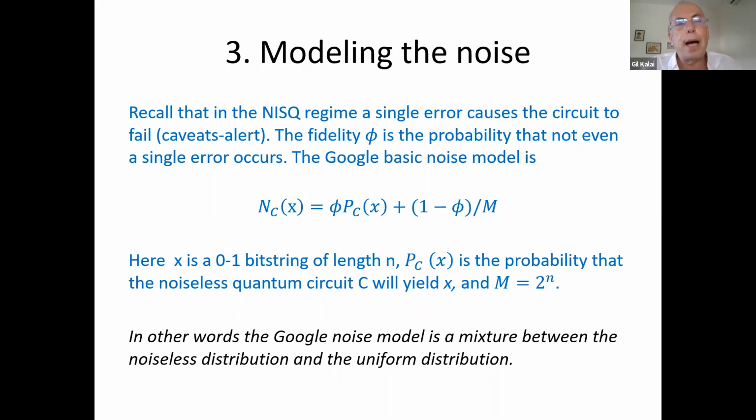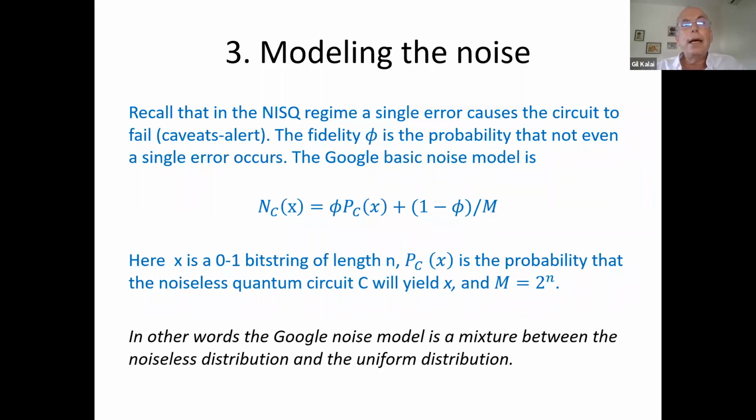I should say, there are some caveats about this sentence. What do we mean by a single error? Because when we run a gate, the question of whether this gate acts correctly or incorrectly is only manifested much later, at the time of the measurement. But after all these caveats, this is still a good description of the situation.